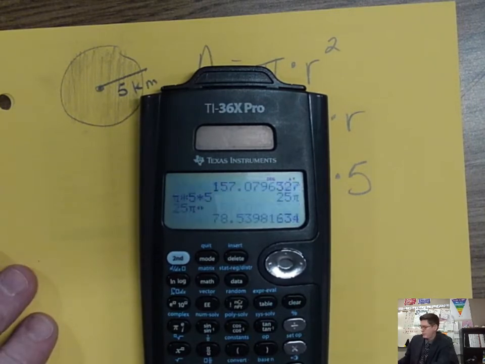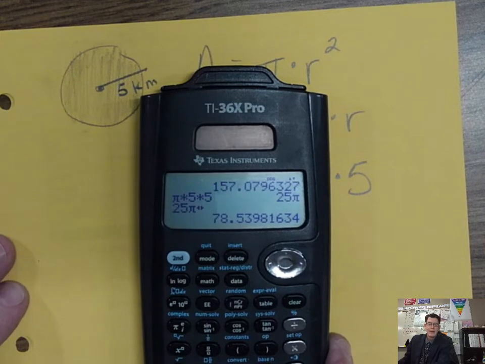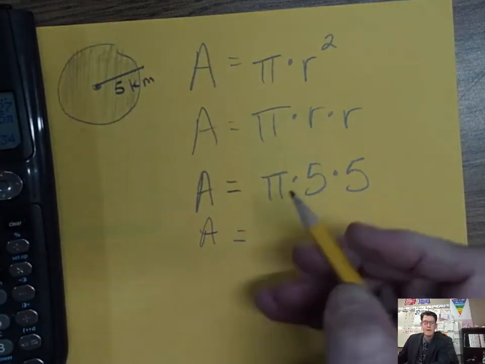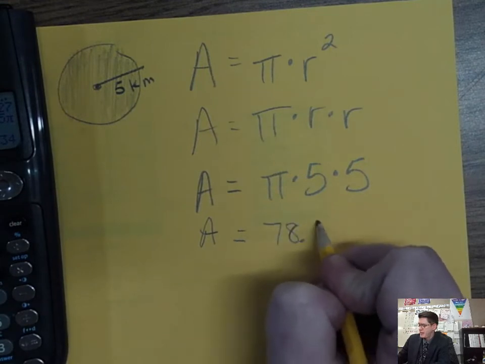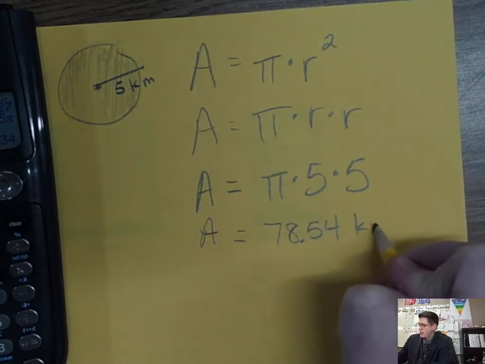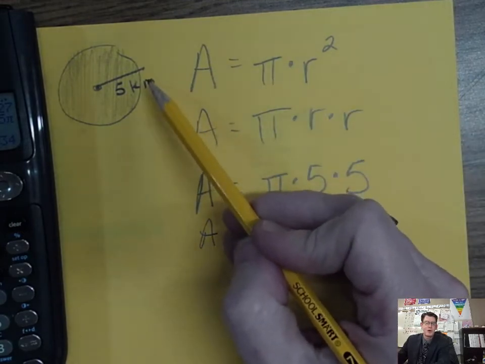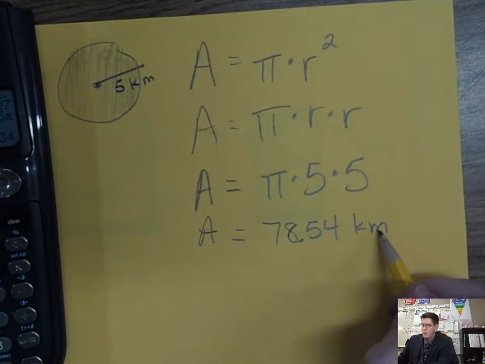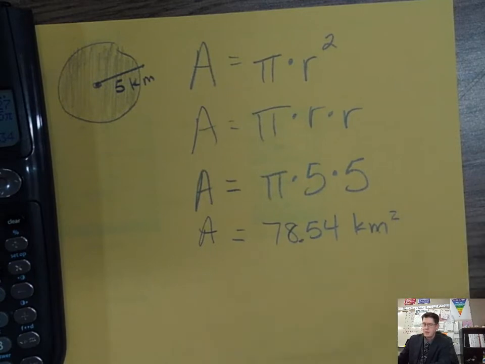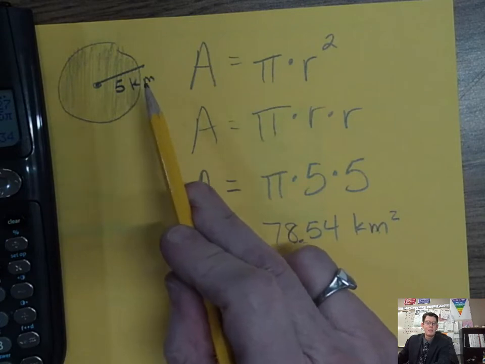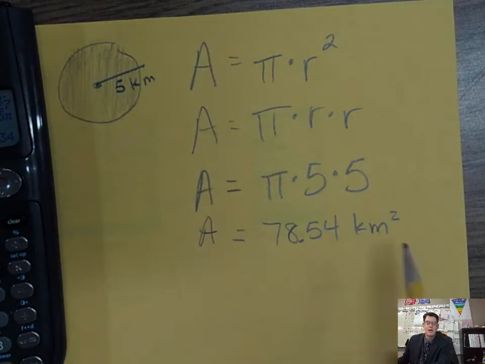And that equals 25 pi, or 78.54. So the area of this one is 78.54 kilometers. Now, because we did the radius times itself, or kilometers times kilometers, we write kilometers squared. So we write the kilometers word twice.